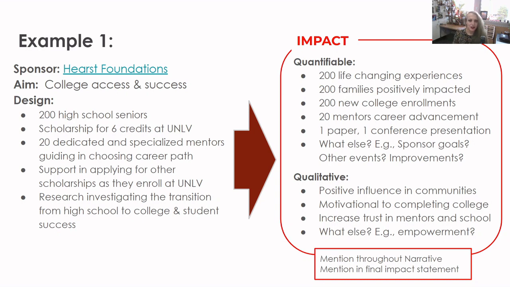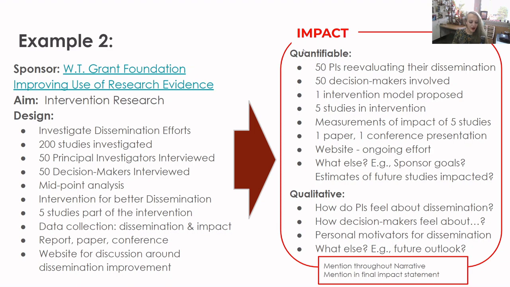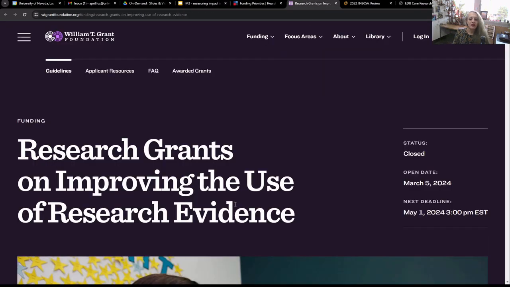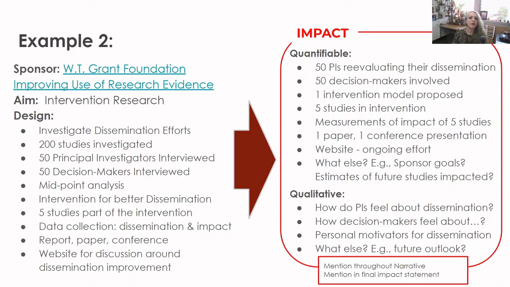So we have a second example, the WT Grant Foundation, for example. They have the use of research evidence opportunity here. So let's just say you're going to apply for that, and in your design you have mostly investigation in what has been done. You're looking into dissemination efforts, and you're trying to understand if those have been going well or if they can be improved.